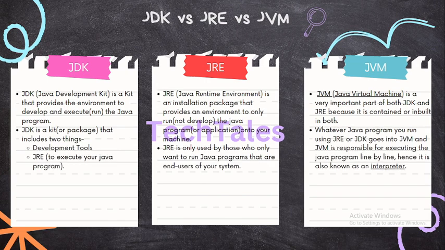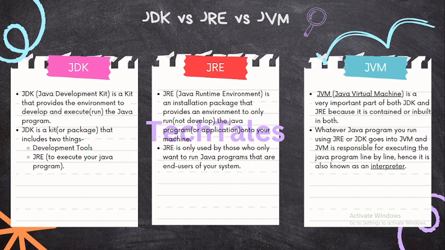As I told you, JDK is the Java Development Kit which provides you an environment so that you can develop software or a Java program. Whereas JRE is an installation package by using which you can only run programs on your machine.